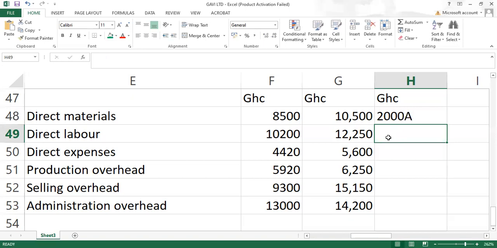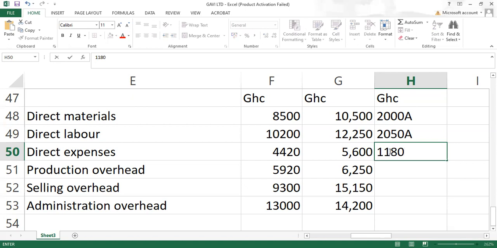What is the difference? 2,050. Favorable or adverse? Adverse. Okay. Let's come to 4,420. 1,180. Favorable or adverse?